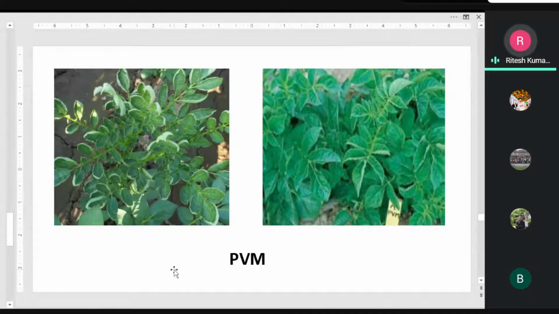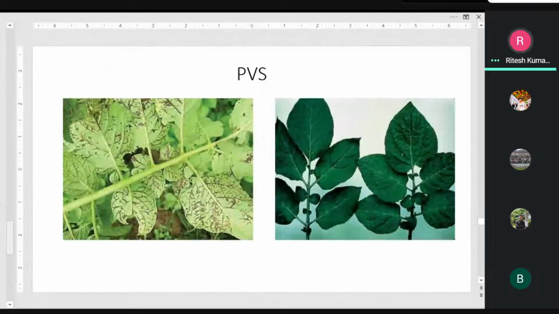And this is a Carlavirus genus. This is PVS, potato virus S, पनि गरिन्छ. So generally this induces, again, there are several strains. There are actually two strains, ordinary and necrotic strain.